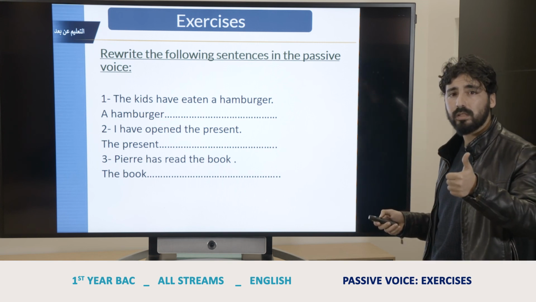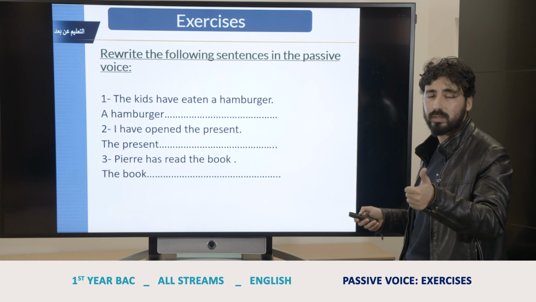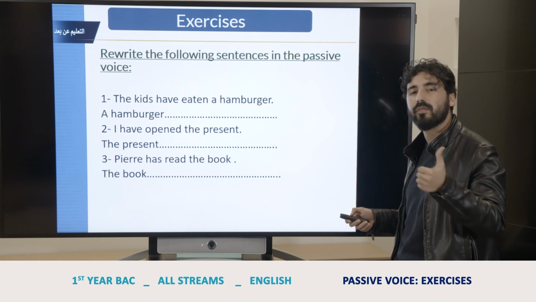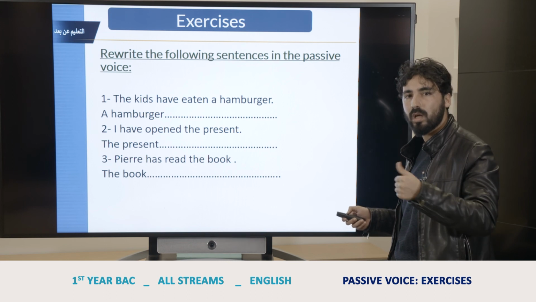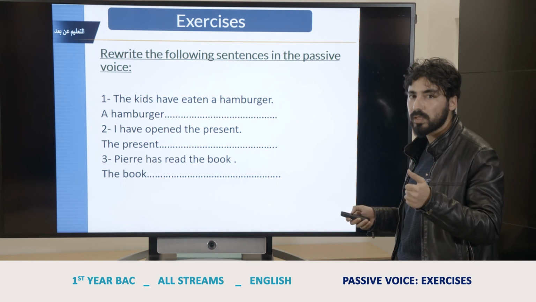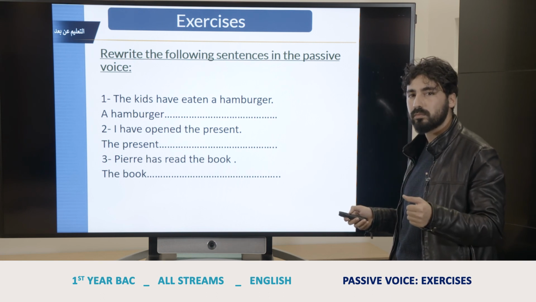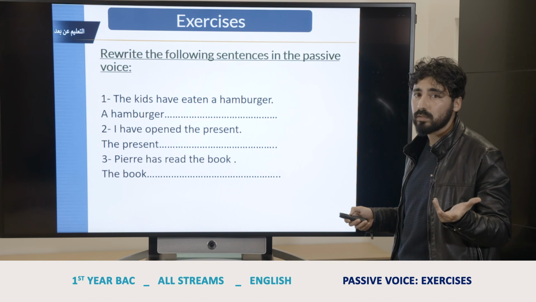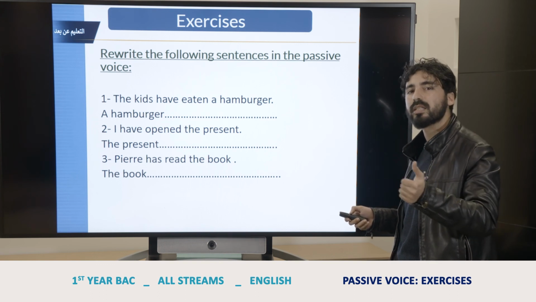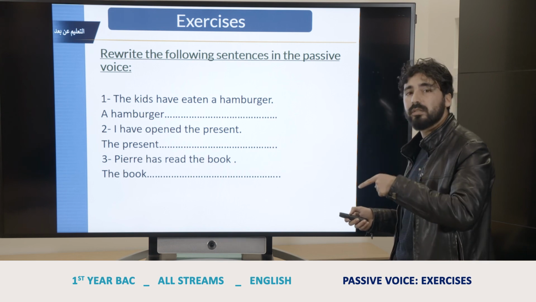Verb to be in the present perfect. What is it? It's has been or have been. So hamburger, shall we say have been or has been? The pronoun is it. So it has been. So hamburger has been plus the main verb.